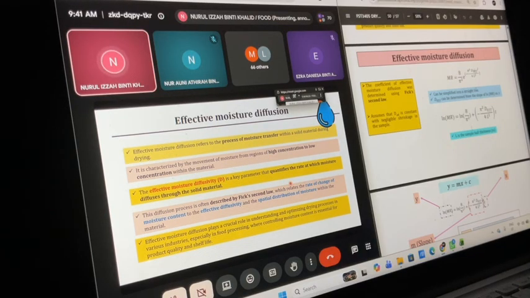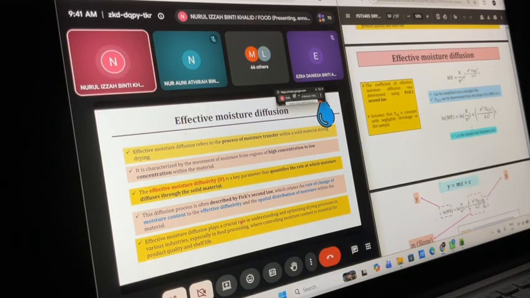The definition is to quantify the rate of moisture diffused through the solid material. So if you have a very high value of D, the effective moisture diffusivity, it means the drying process is more effective. If you have a high D, it means the rate of removal of moisture from the solid to the surface is high.